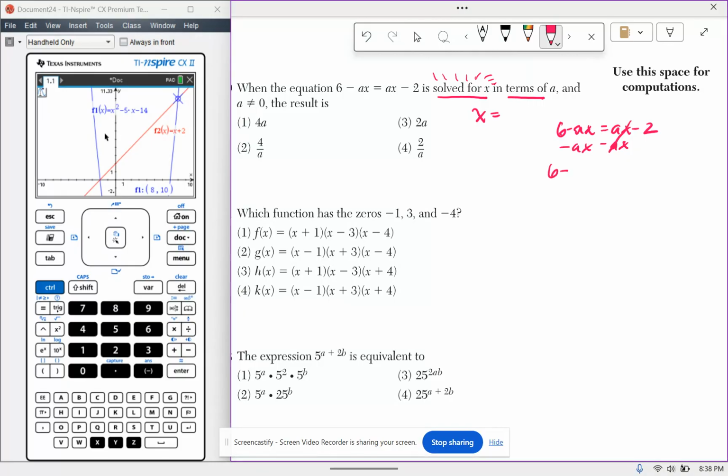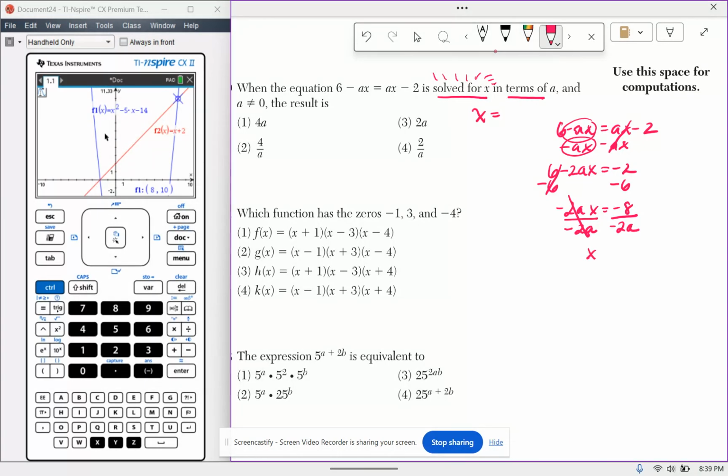So I have 6 minus, I already had -1, and then I took one more away. So I'll have minus 2ax, a little complicated. Minus 6, -2ax equals -8. I'm now going to divide both sides by -2 and an a, because that will get me x all by itself.